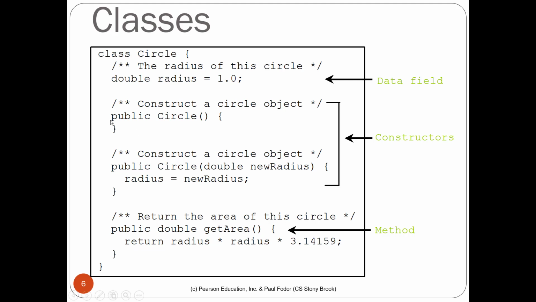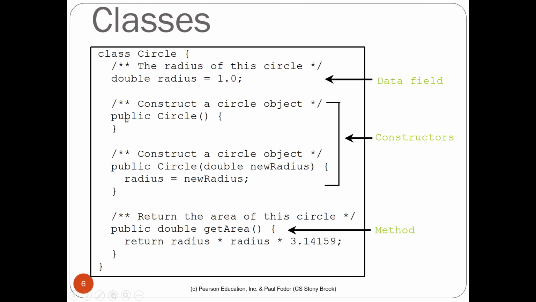For that reason, you have just public and the name of the method, which is Circle. Public and the name of the method, Circle again. If you could recollect from the lecture on methods, I told you that it is allowed to have methods with the same name, but if you have two or more methods with the same name, then the requirement is that their signatures should be different.